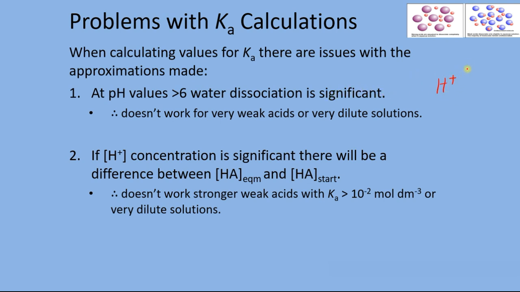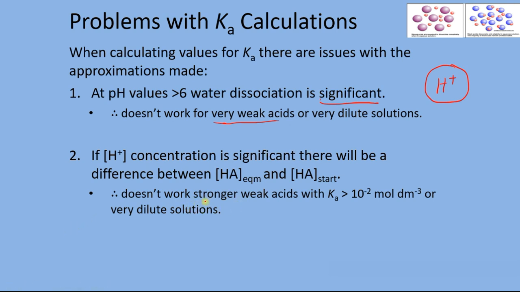So H plus ion is produced by the water, and that becomes significant. Usually it's a very small concentration compared to the acid, so we keep ignoring it. But now we're looking at really weak acids, where the hydrogen ion concentration is already really small. So for very weak acids there is a problem, because it doesn't give you a very accurate idea of the concentration of H plus. So that's one problem.